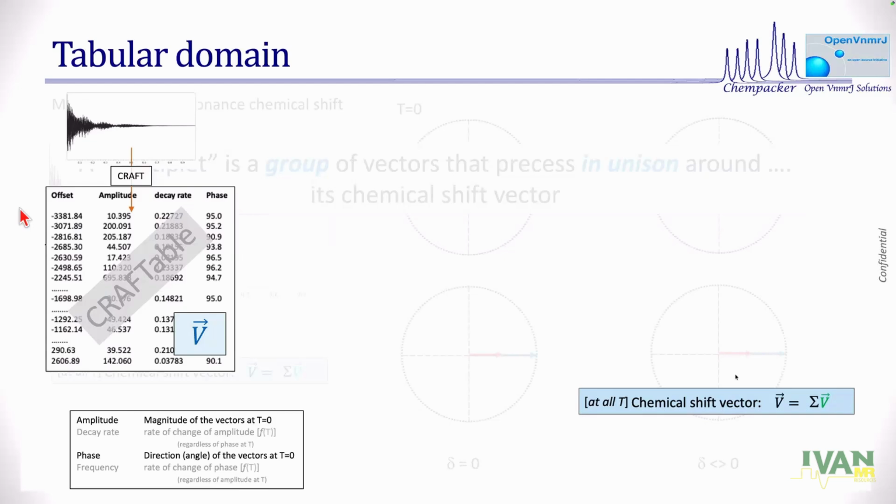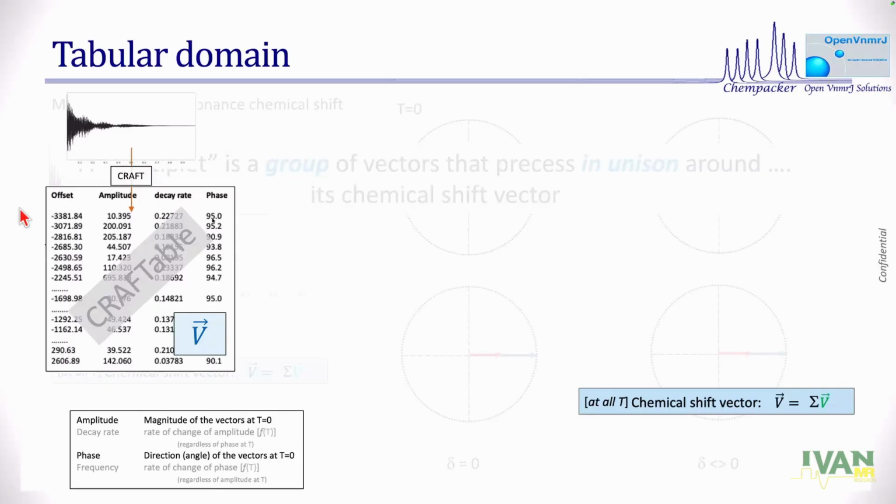So if I take a real sample, in this particular case, one of the real CRAFT tables, the CRAFT table has nothing else other than just offset, amplitude, decay rate, and phase, and we can sit down and discuss the quality of this CRAFT table description of the FID and all that. That's not what I want to describe today.